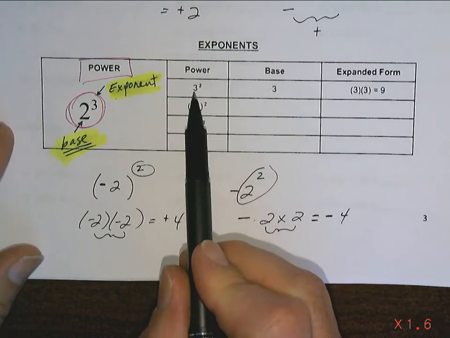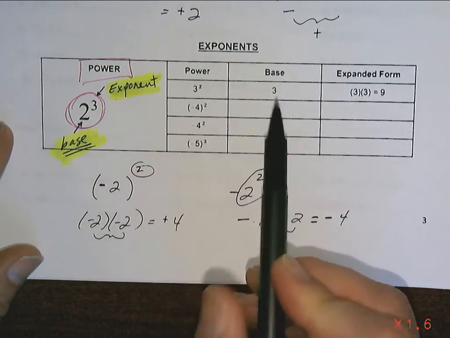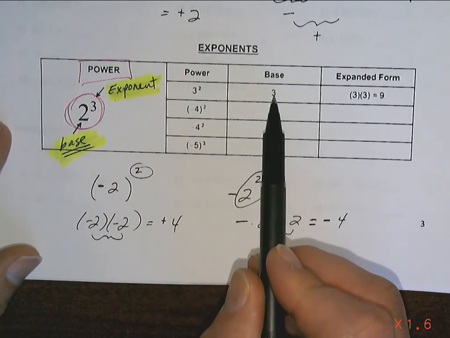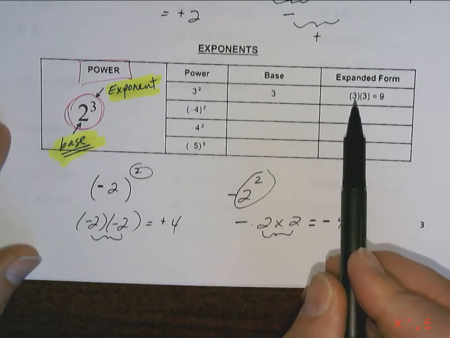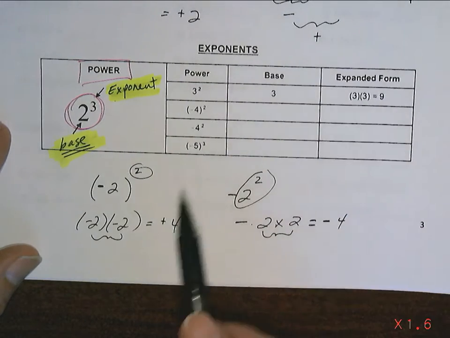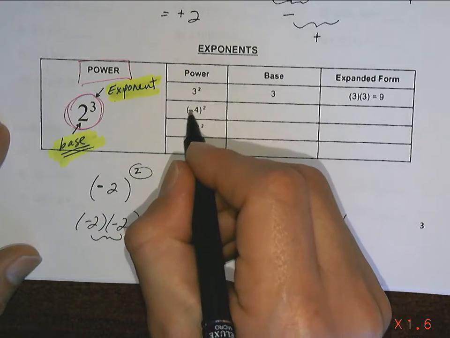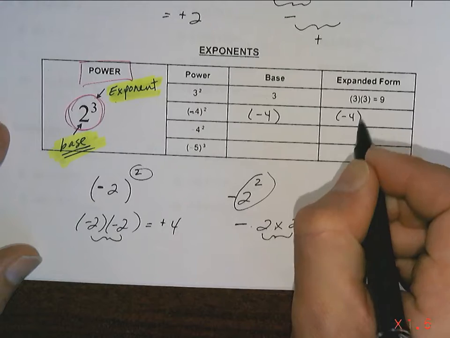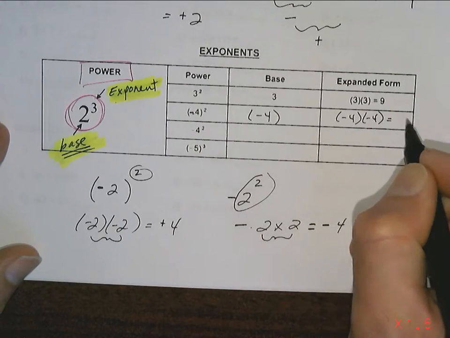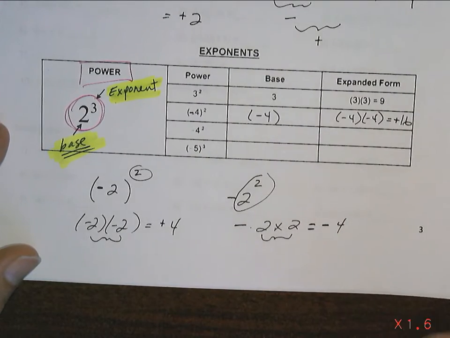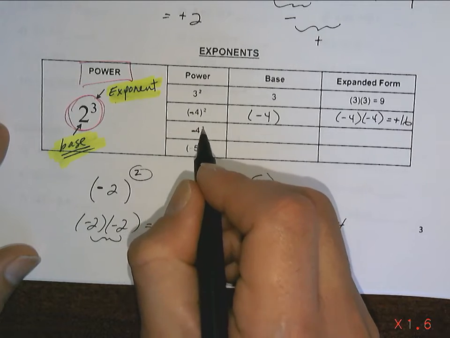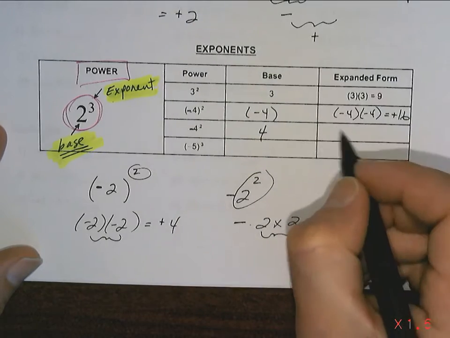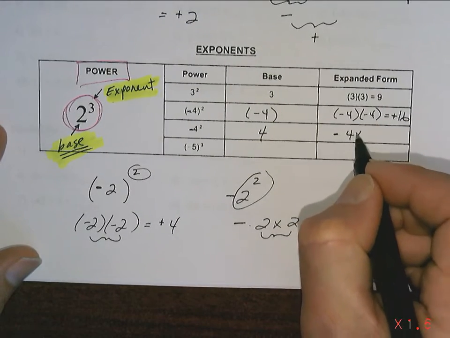So, 3 squared, or a base of 3 with an exponent of 2, means a base of 3. 3 times 3, so there's 2 of them, gives us 9. -4 squared means your base is -4. It's -4 and -4, positive 16. -4 squared is different. The base is only the 4. That's right.